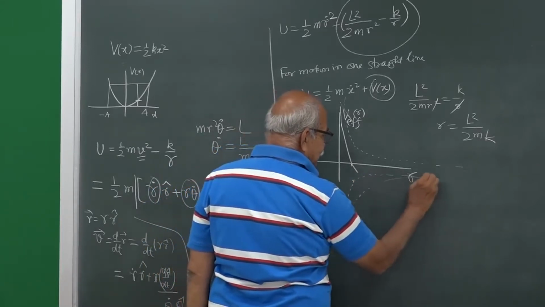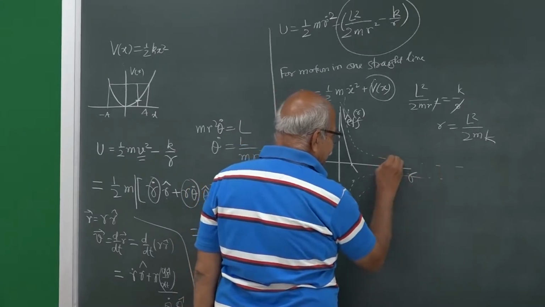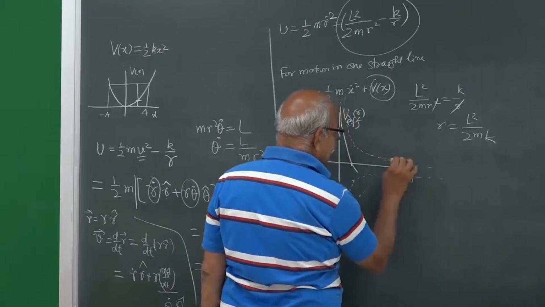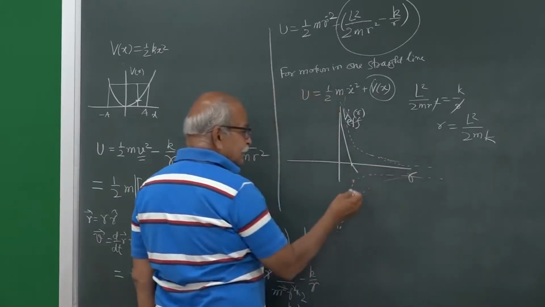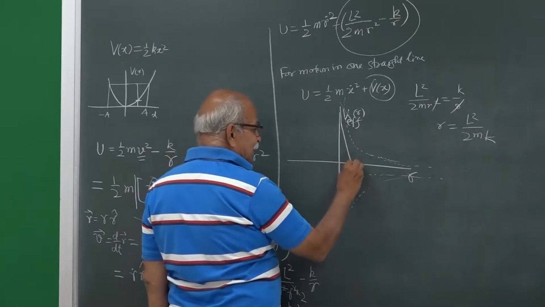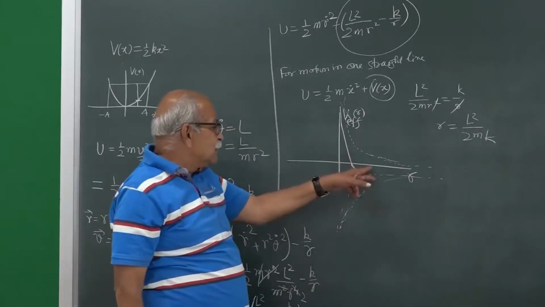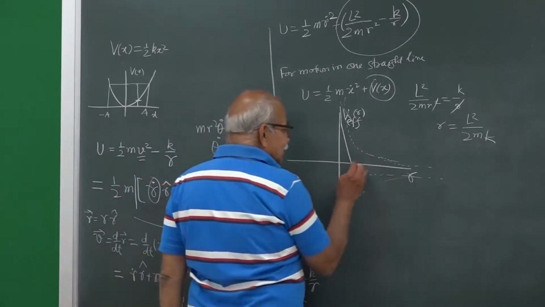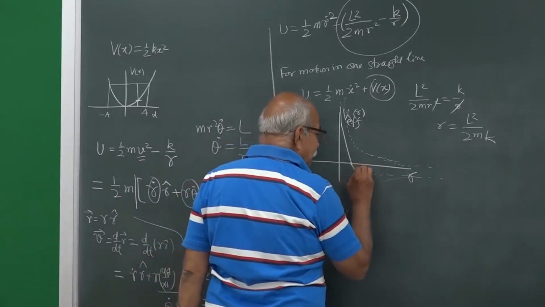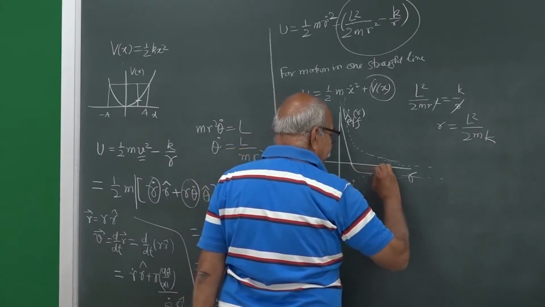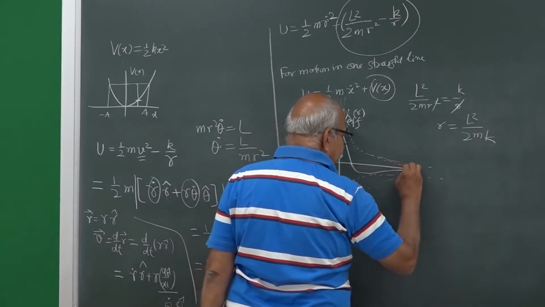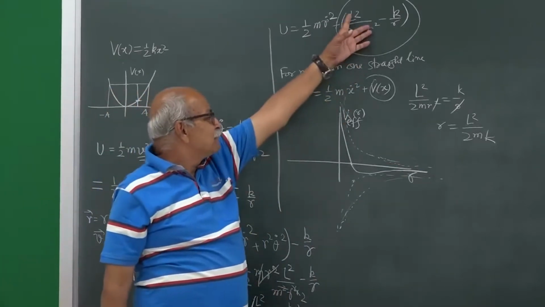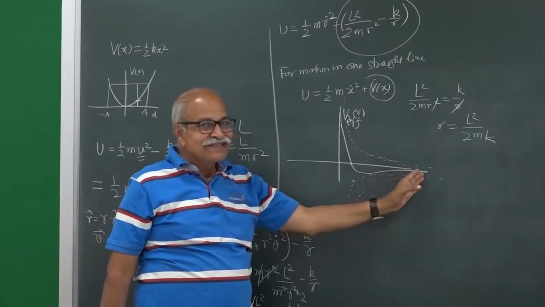Here they are equal, and therefore it will go like this. The other term will be falling much faster. After this, the minus k by r term will dominate, and the curve will become smaller and smaller in magnitude. So, this whole quantity, if you plot, will be of this type.